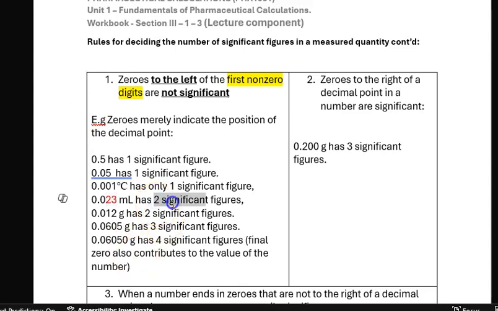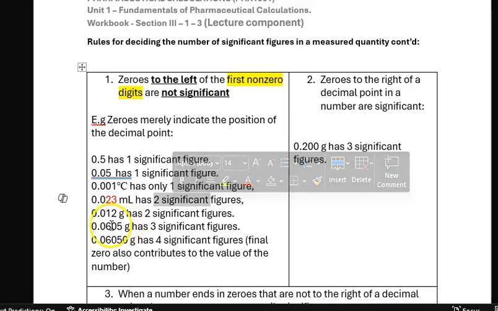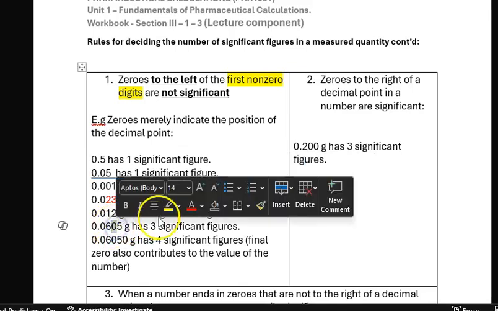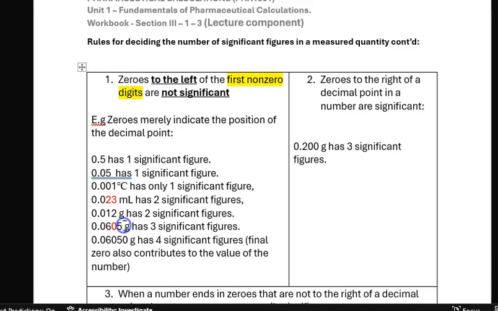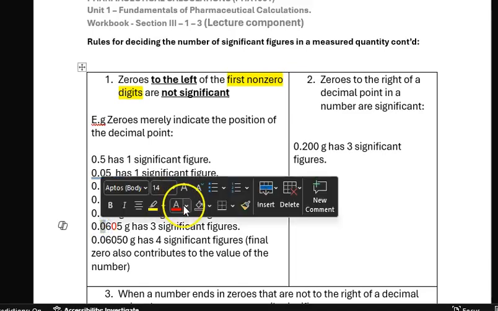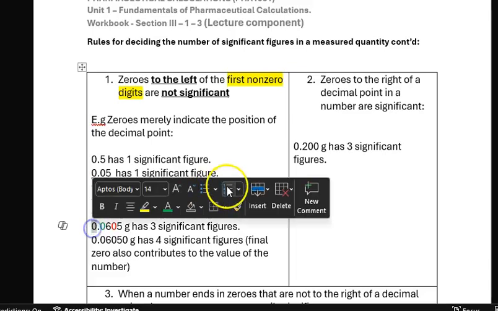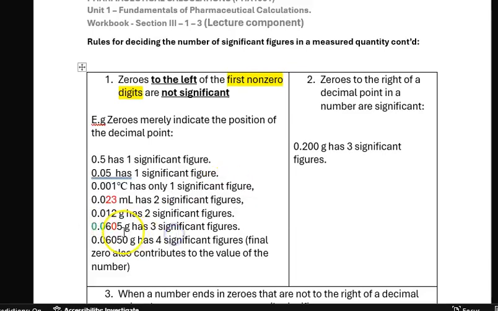And so you have 2 significant figures. Here, the 0 appears between 2 non-zero numbers, so it would count, but these are before, so those 2 zeros would not count. So therefore, this has 3 significant figures.